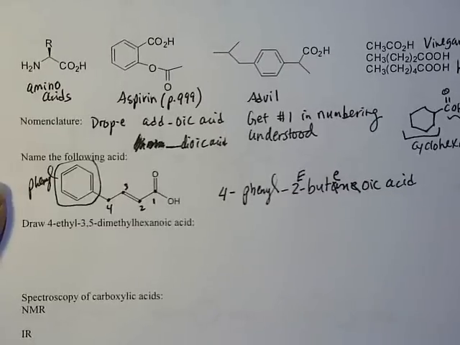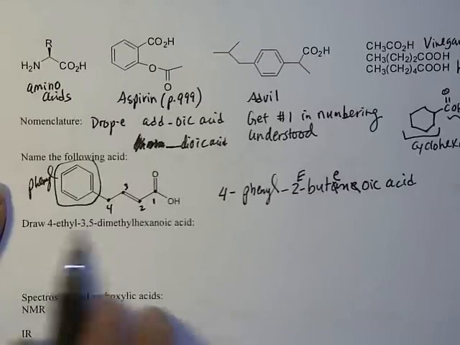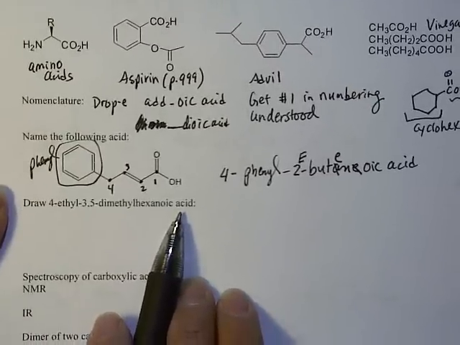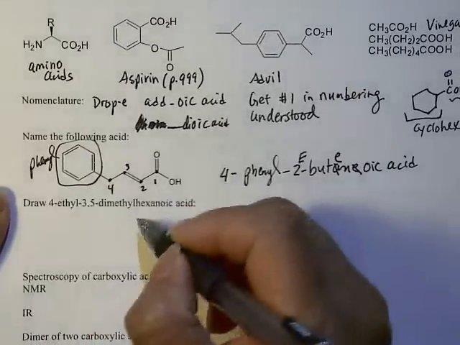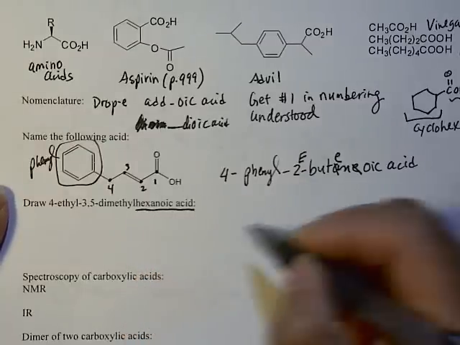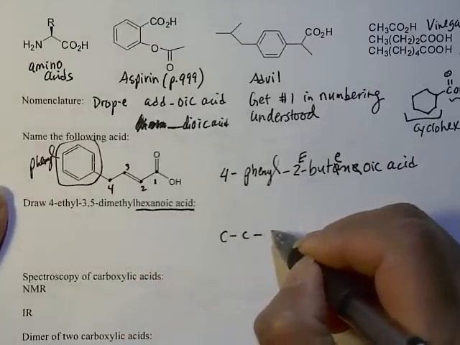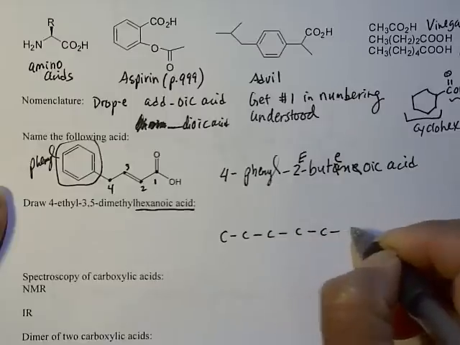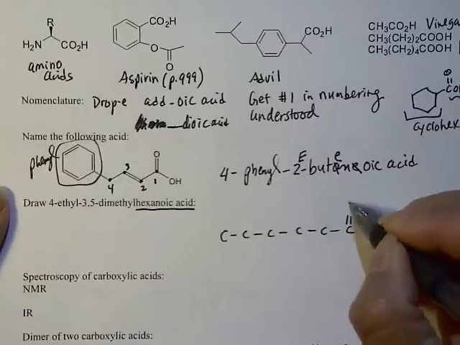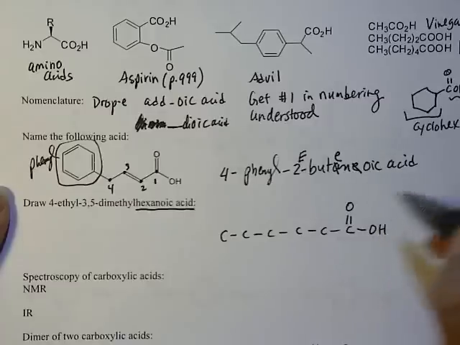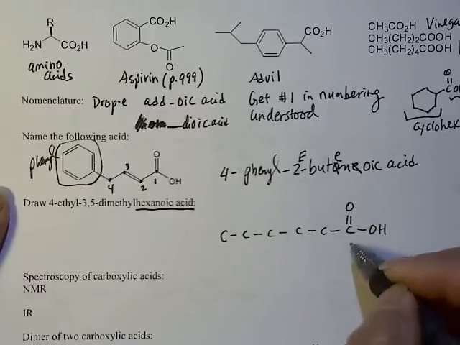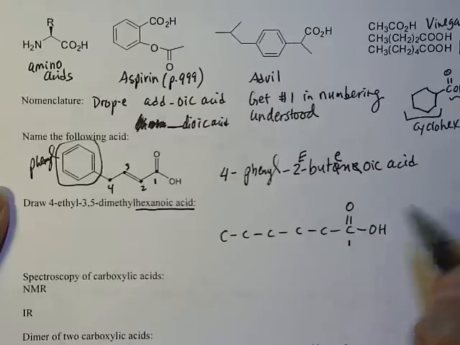Secondly, if you have a name and you need to draw it, the best practice for this type of question is to go to the end of the name and draw that first. Hexane is 6 carbons, so I've drawn the 6. For hexanoic acid, it doesn't matter which end you choose to be the acid. Either this one or this one is fine. But since I drew it on the right, this is going to be my carbon 1.